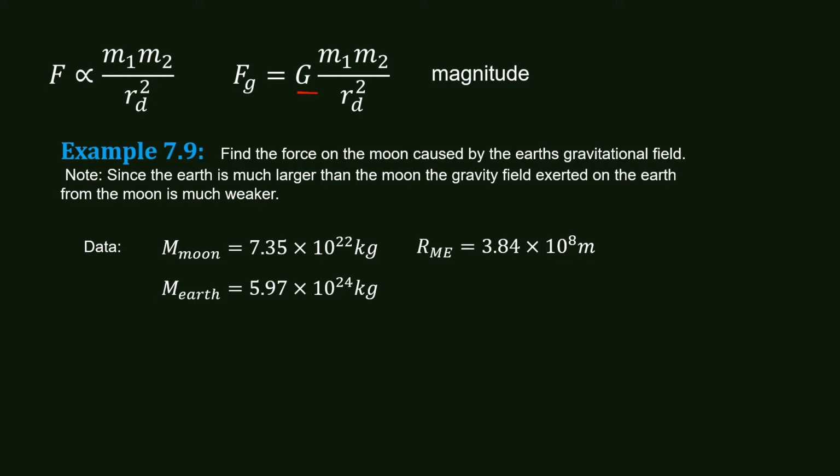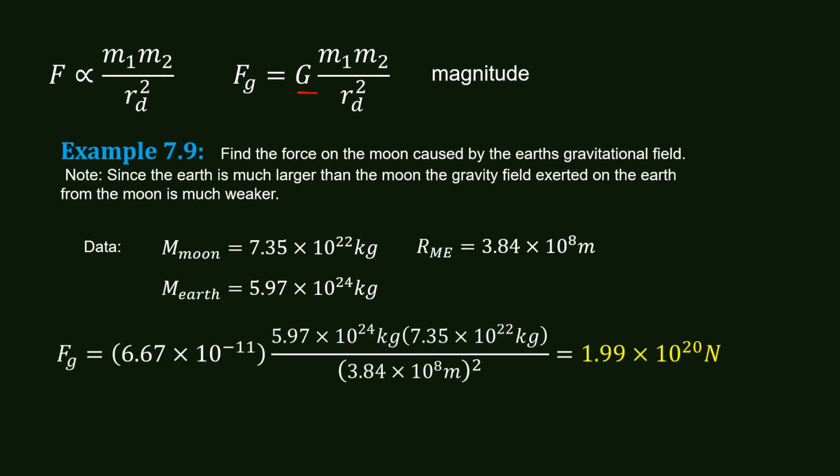You can look in the appendix in the back of your textbooks, which generally gives you all the information on the Moon and the Earth, and I think some of the planets. So we can just plug these numbers into this equation up here. And we find that the force of attraction between the Moon and the Earth is 1.99 times 10 to the 20 newtons.